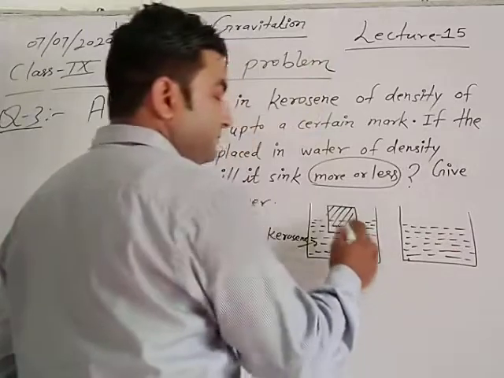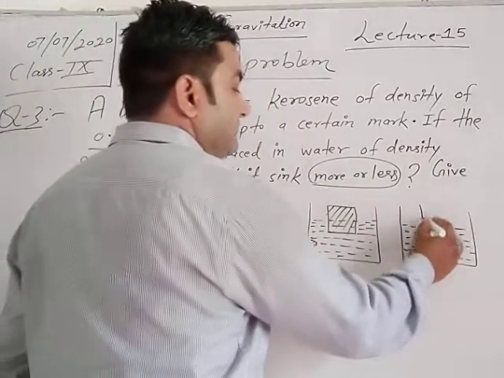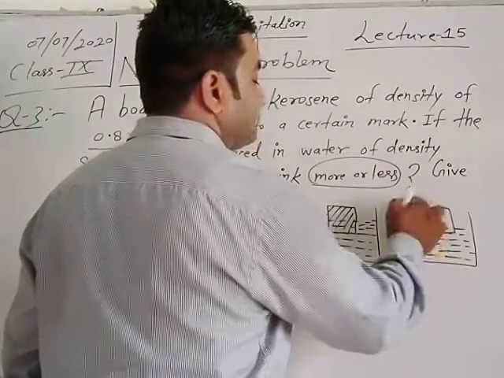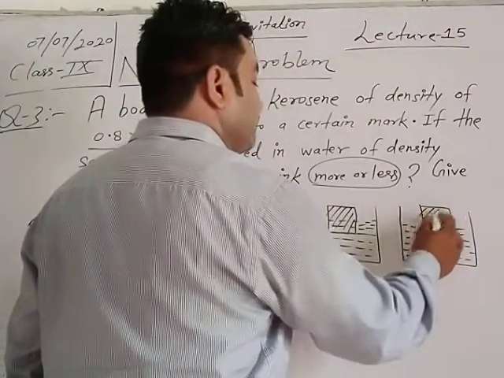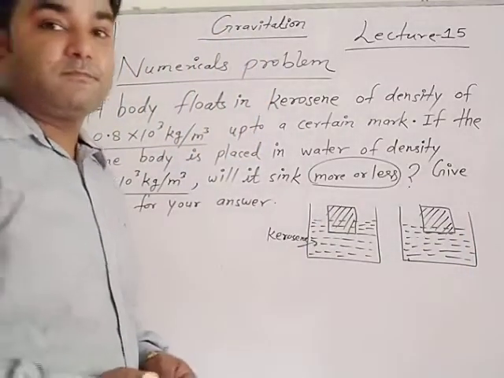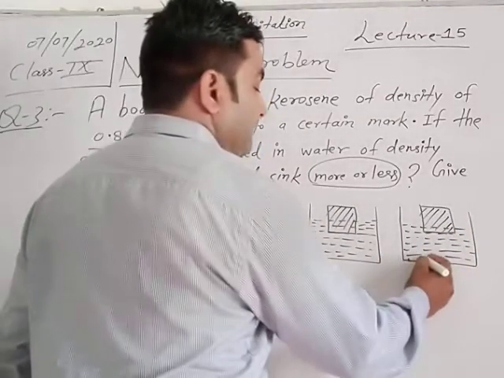Here the half portion is below the water. Here the maximum portion will be above the water. It means only a few portion is inside the water. This is water.